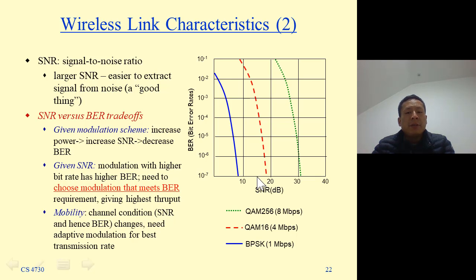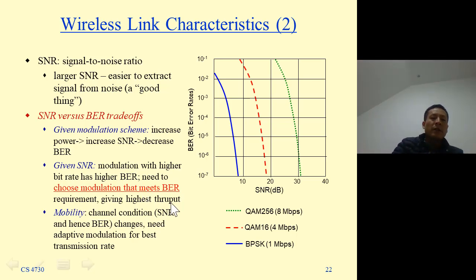But if this signal noise ratio is fixed, then it means that if you are modulating with fast speed like QAM, then you will get worse bit error rate, which means more errors, right? But if you send with BPSK, which is lower rate, then you are able to get a much lower bit error rate. Okay.